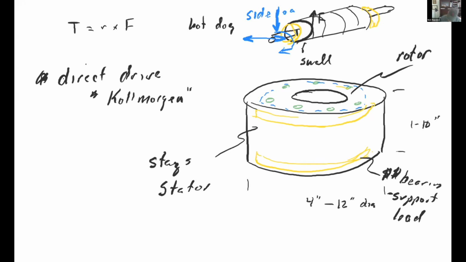So the side load on hot dog style motors is fairly low. And by low, I mean maybe you can put on a motor like this. First of all, this is about a 3/8 inch shaft, and you can start to see where the bearing is.